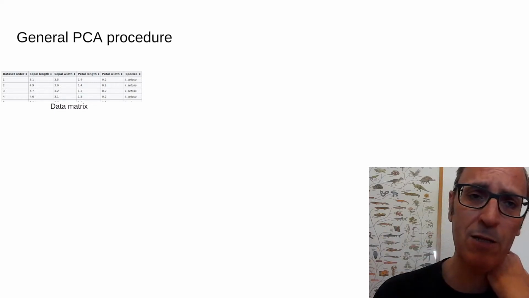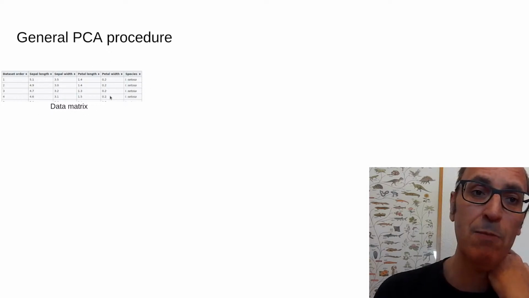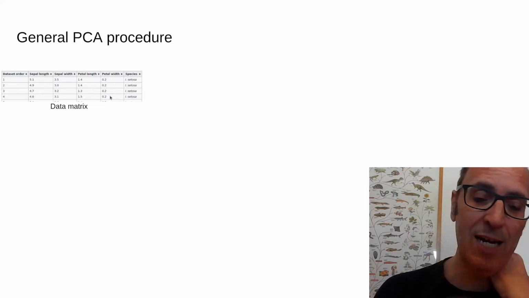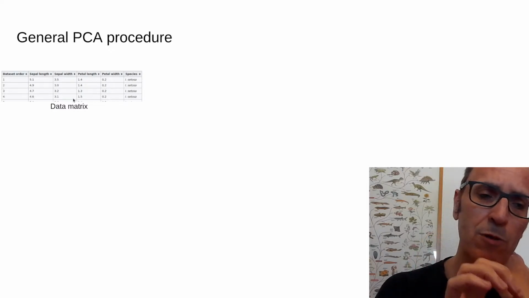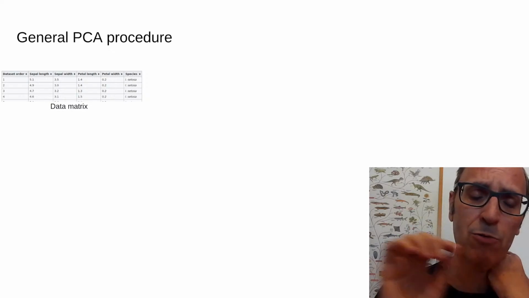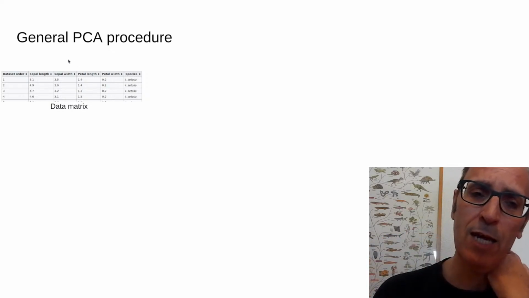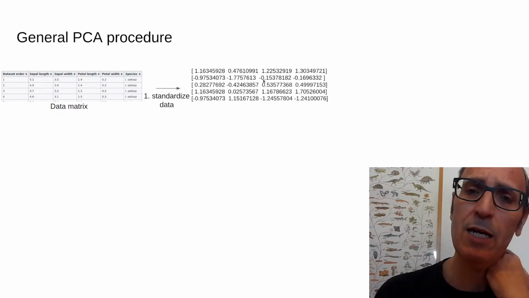But if anybody is curious, you have your matrix. It should be a matrix just with numbers, okay? It can be your genotypes in the form of 0 for one homozygote, 1 for the heterozygotes, 2 for the other homozygote. It could be a data matrix. You standardize the data.